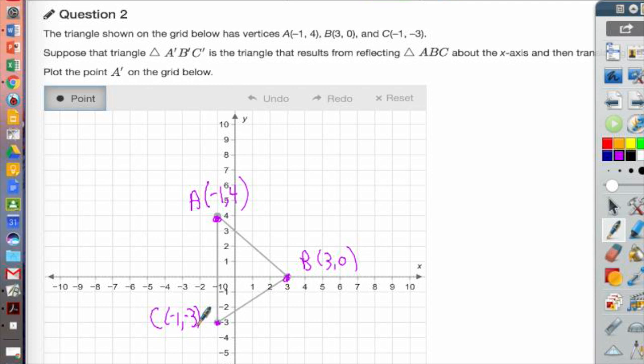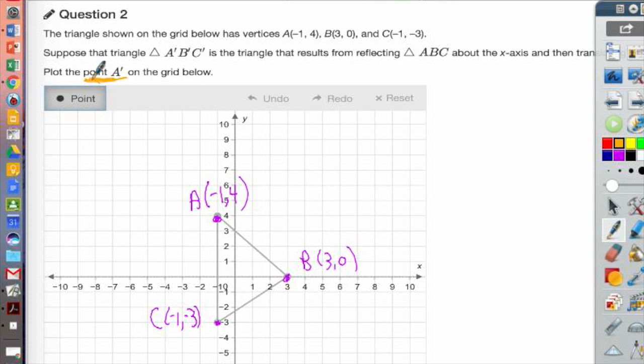And then it says, suppose that triangle A prime, B prime, C prime is the triangle that results after you reflect this triangle about the x-axis. So we're going to reflect the triangle, and then we're going to translate it 2 units to the right. Let's just focus on point A, because that's all that they care about.